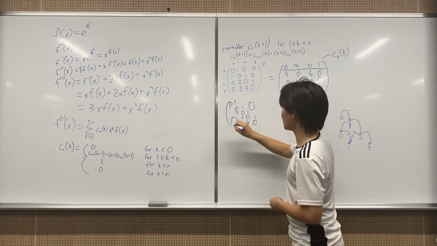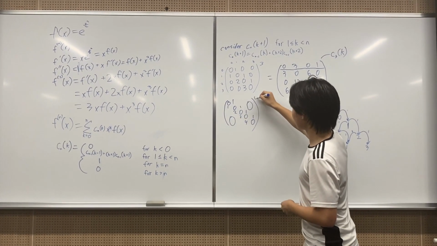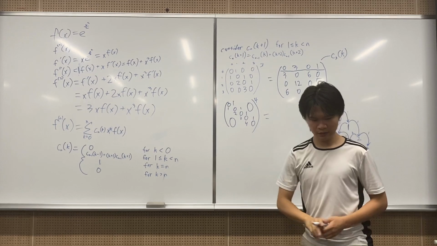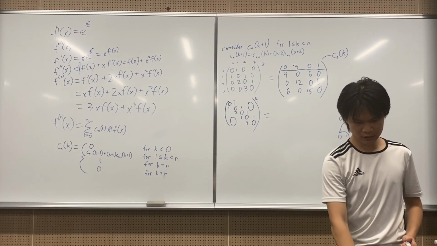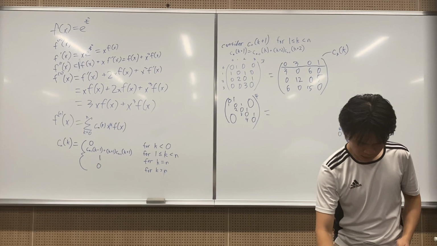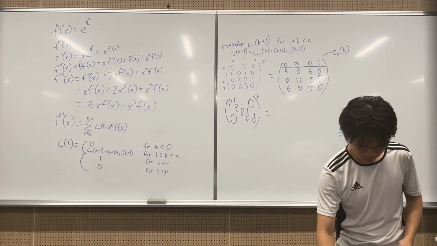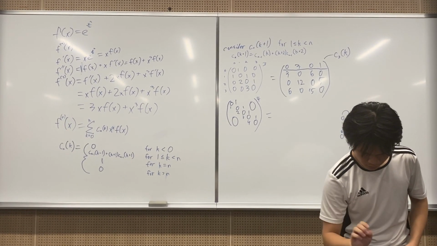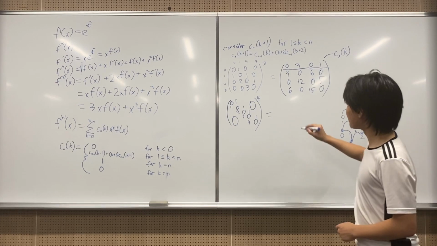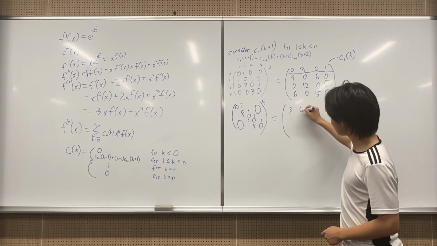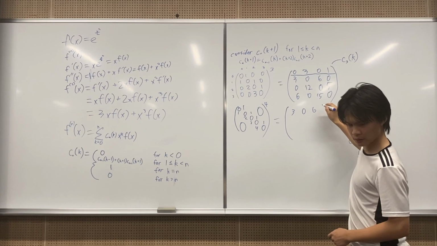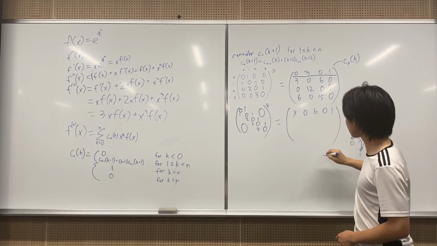And then just gonna put 2 big zeros over there. The fourth power. And we're just going to put that through Matlab again. That will be 3, 0, 6, 0, 1.